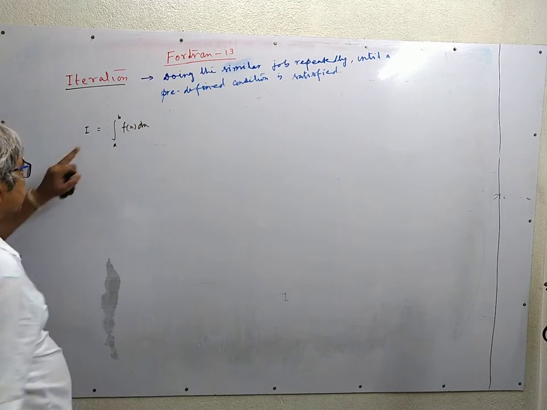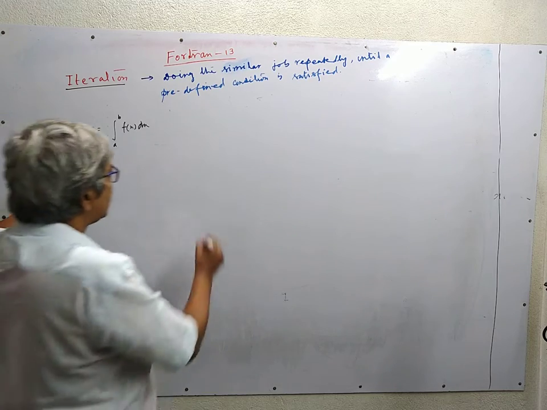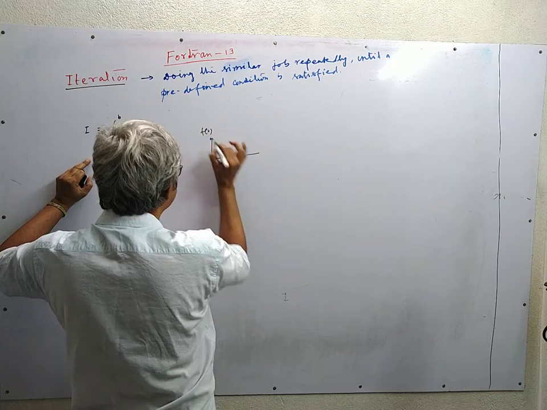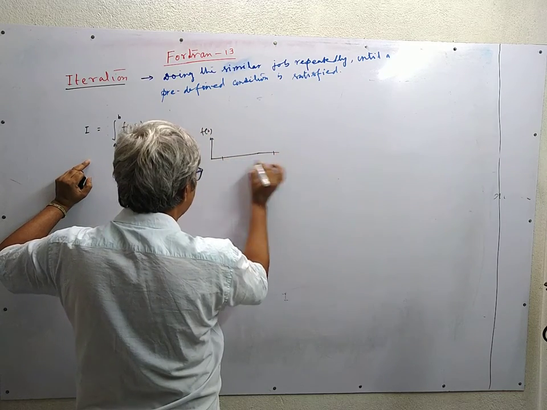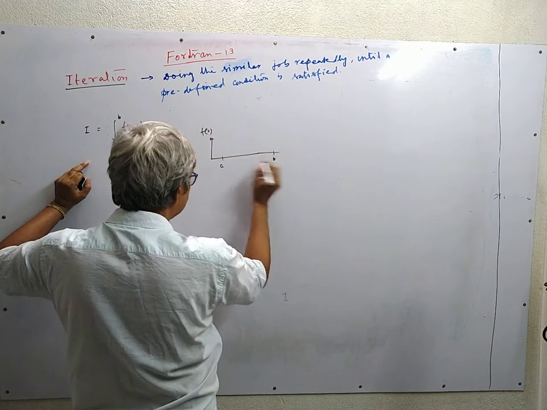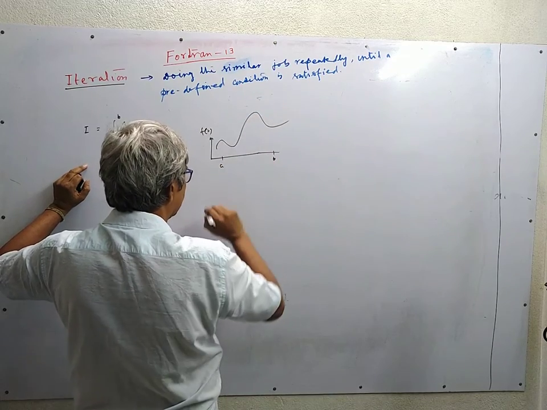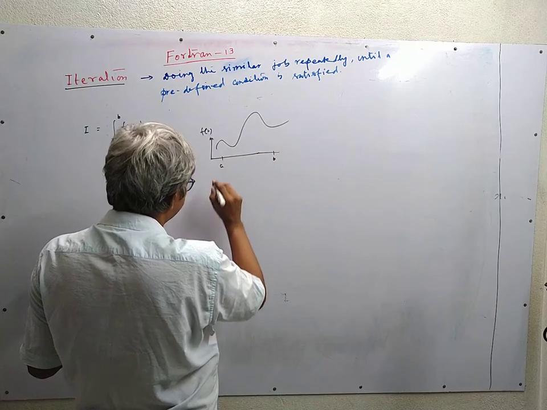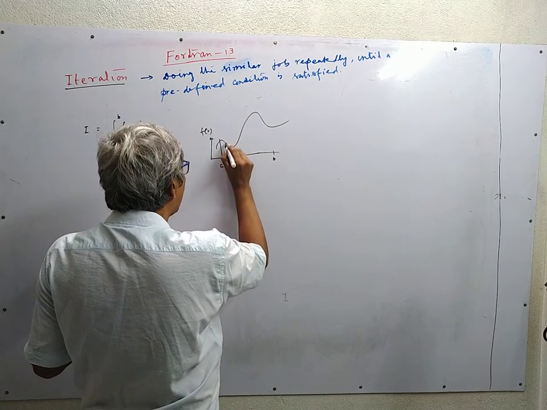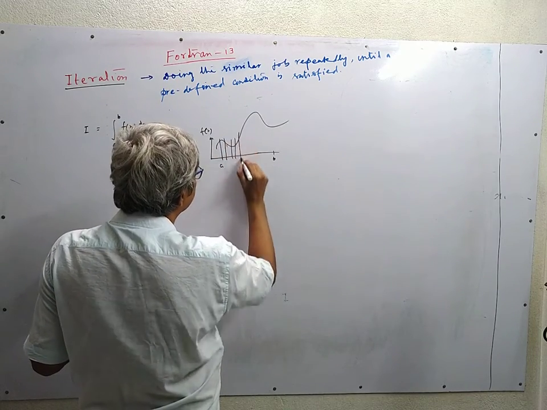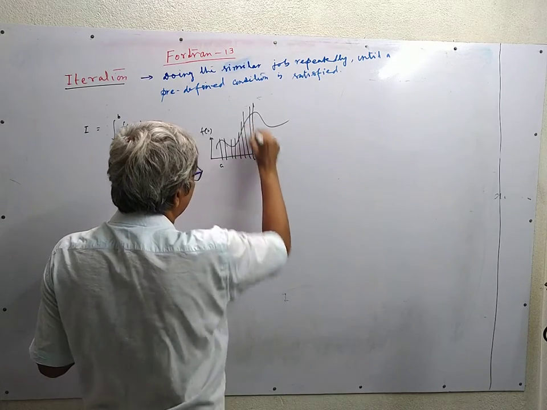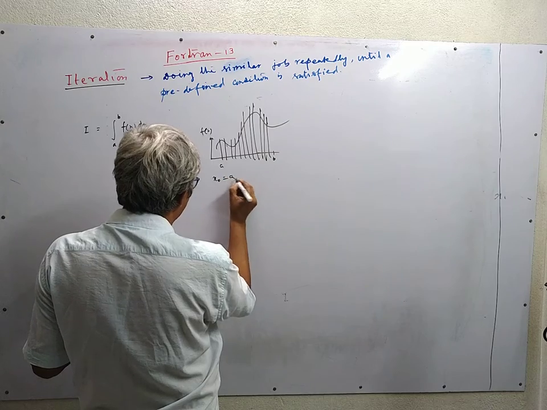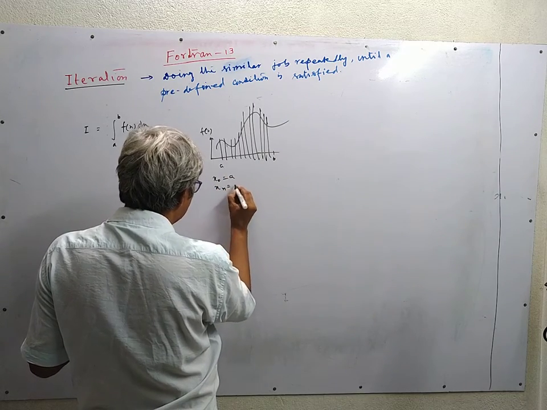What one does is divide this space into n number of equi-spaced strips, so that x0 is equal to a and xn is equal to b.